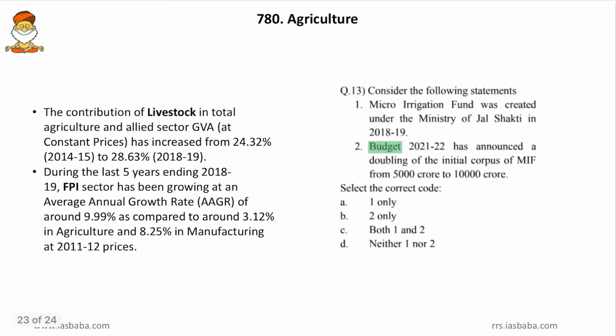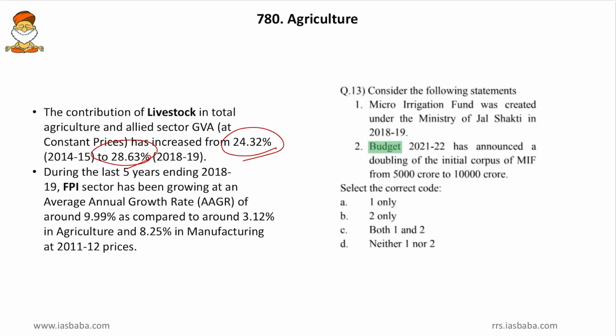Then come to the next. The contribution of livestock in total agriculture and allied sector has increased from 24.32% to 28.63%. So friends, even the livestock sector is growing and the gross value addition has increased from 24.32 to 28.63%.